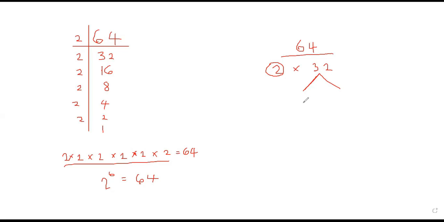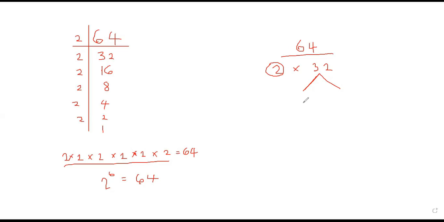So I'm looking for numbers that give 32. Don't forget I told you that you have to be conversant with your multiplication table. If you do that, the multiplication table won't be your problem at all, and it'll be very easy for you to find numbers that give you that.